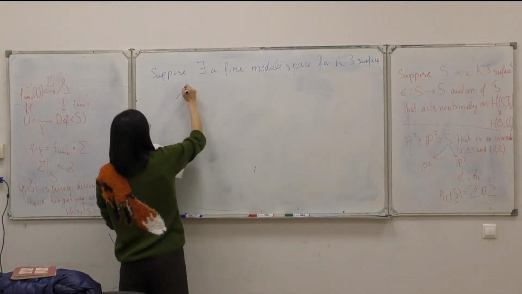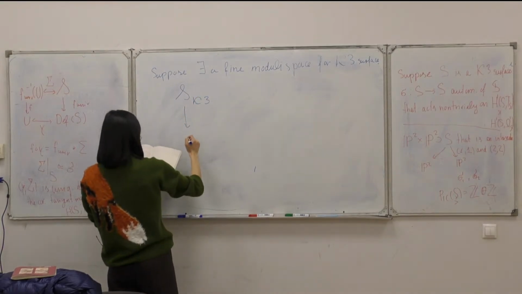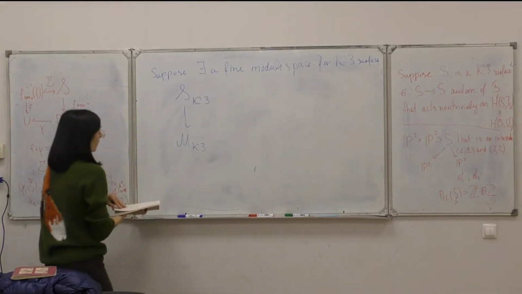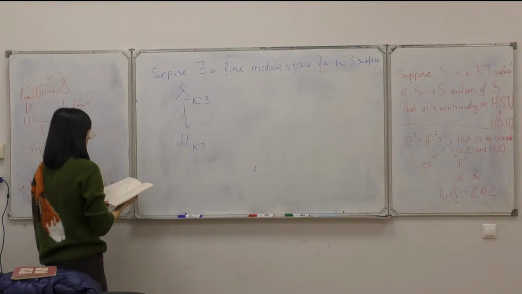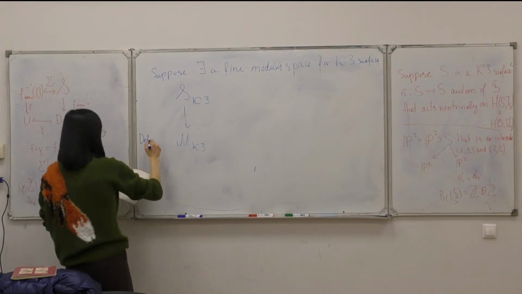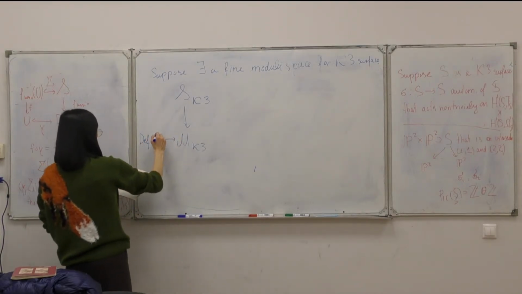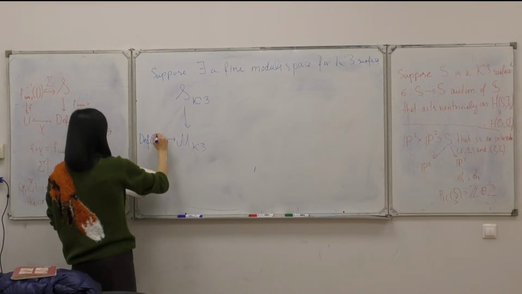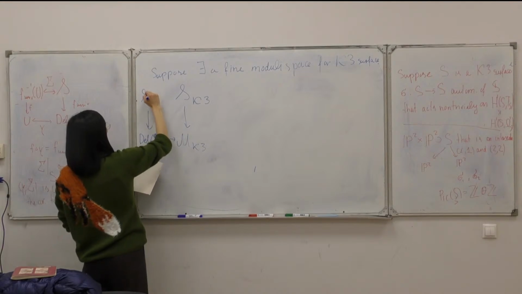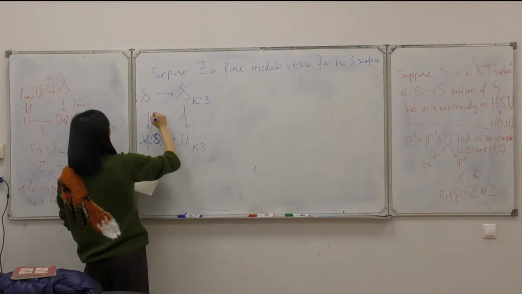So suppose that there exists a universal family over some moduli space. Then we know that there should exist a map from the deformation of S to this moduli space such that S is a pullback from this universal family.